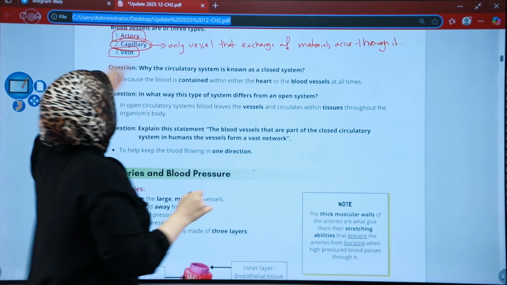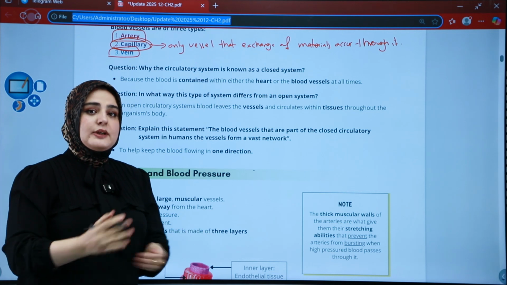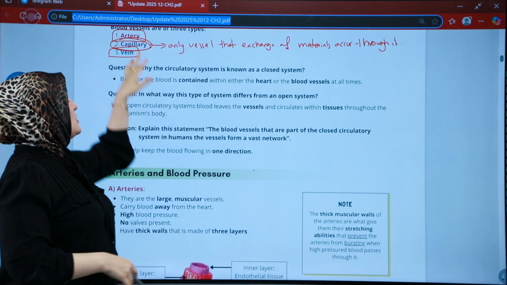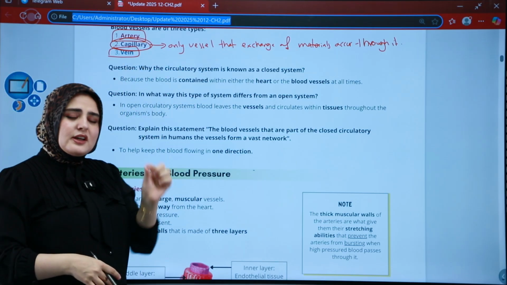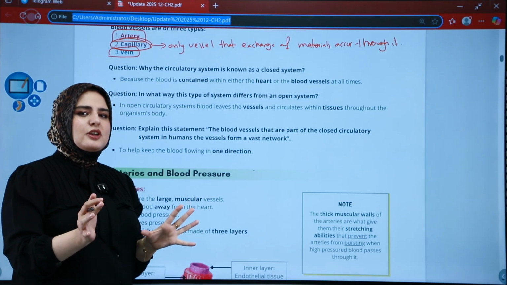Okay? The other 2 are just like highways. You cannot stop them. They cannot do exchanges of material. Their wall is super thick. But in this one, the wall of the vessel is very thin. So there is no problem of exchanging.